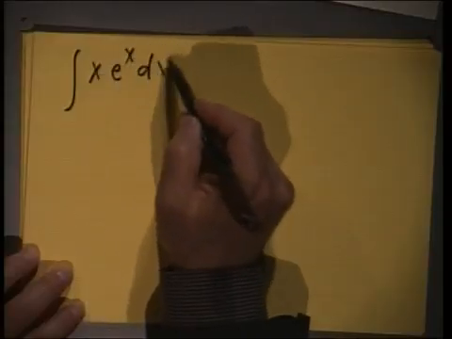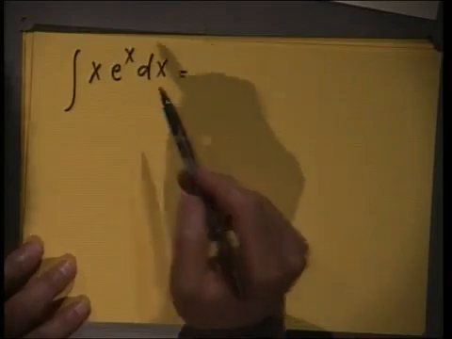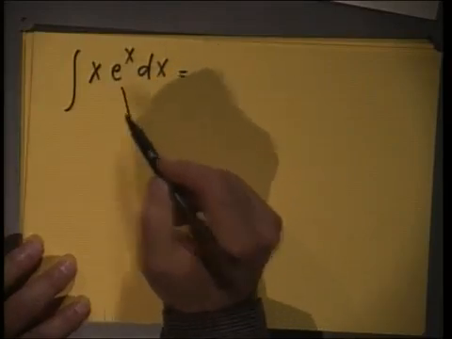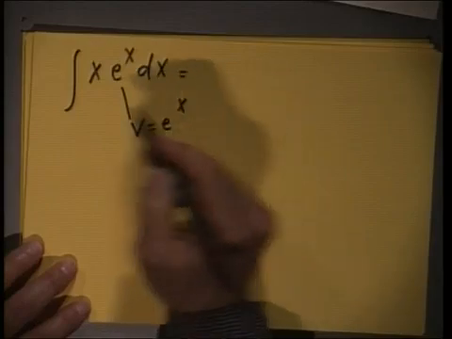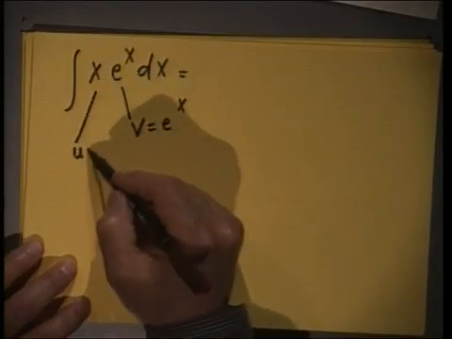For example, suppose you have the integral of x e to the x dx, and you set out, for example, v, which is e to the x, and u, which is equal to x.